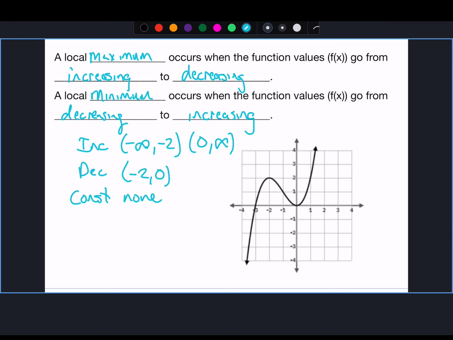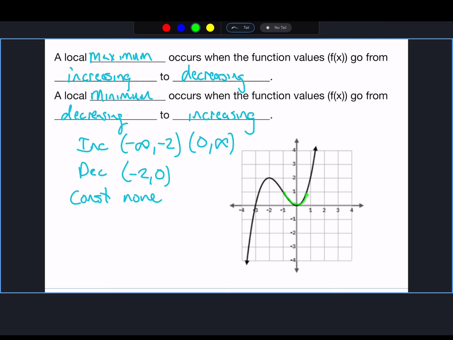Just intuitively, before we change pages, we're not done. Intuitively, can you look there and say, yeah, there's a maximum there. There's a local maximum at one point and a local minimum at another. Anywhere you see a hill like this, that's a maximum.